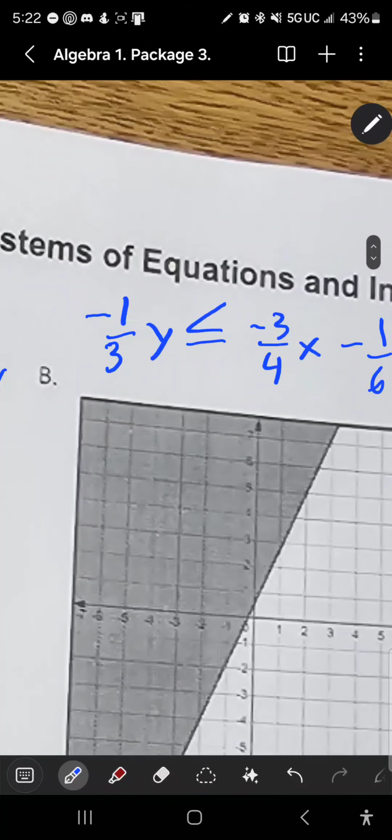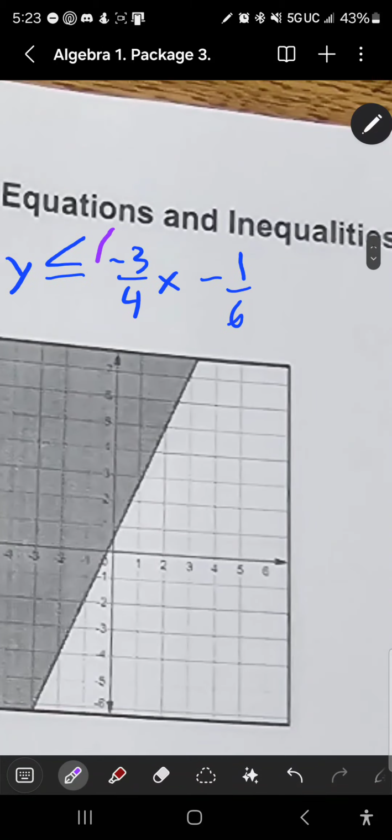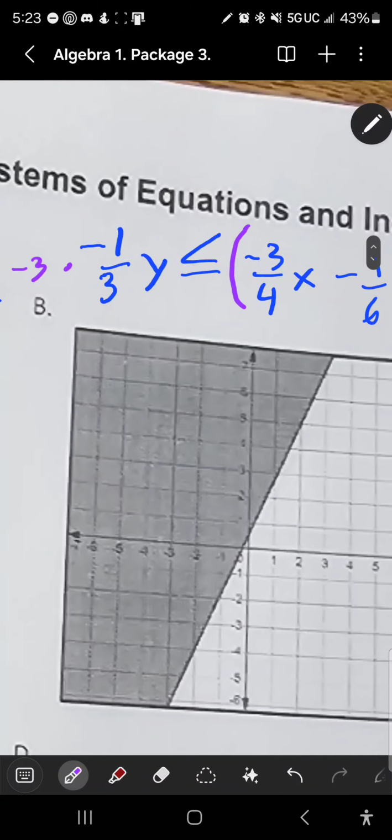Now, in this case, we want to leave the y alone, so I'm going to multiply each side by negative 3, and this whole thing by negative 3. So I can cancel out this, minus times minus is just positive, so we just leave the y alone.